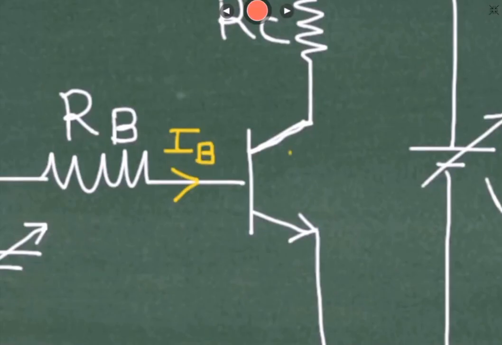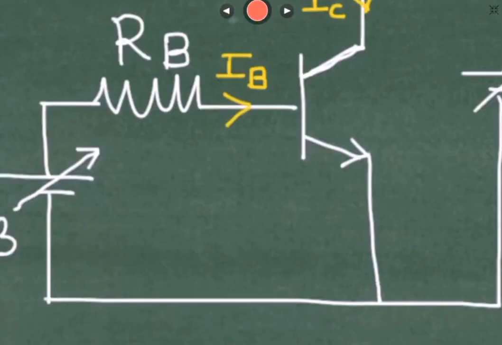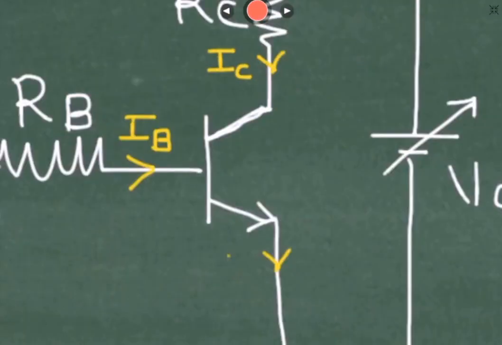Then the current that will flow inside the collector terminal is given by collector current IC. And the current that will come out of the emitter is denoted by IE. So IE is the current that will come out of this emitter.